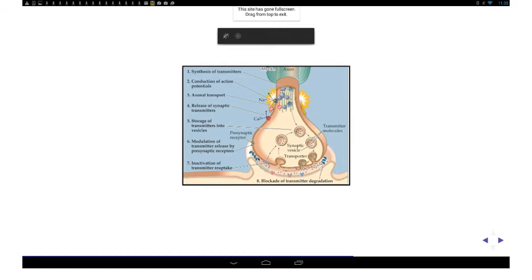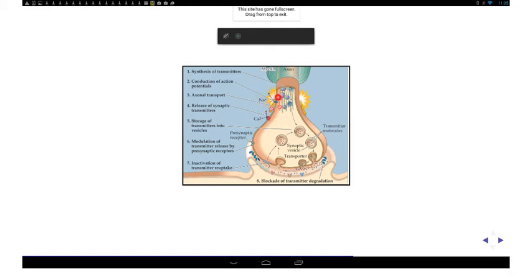So this slide shows a lot of the things that can happen at the presynaptic cell, all the different things that drugs can do. So you've got these exogenous ligands, these drugs, that are capable of doing things at the presynaptic cell. There are certain things that we already learned about that can affect the conduction of neurotransmitters.